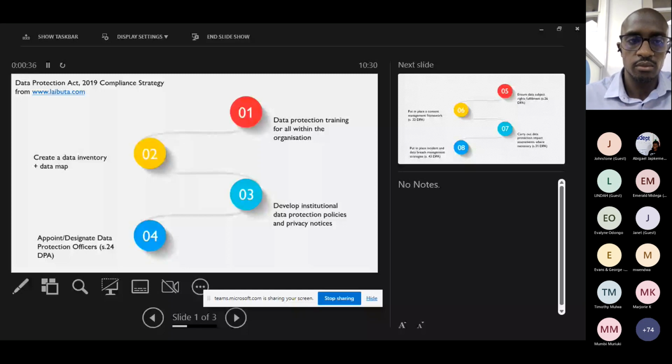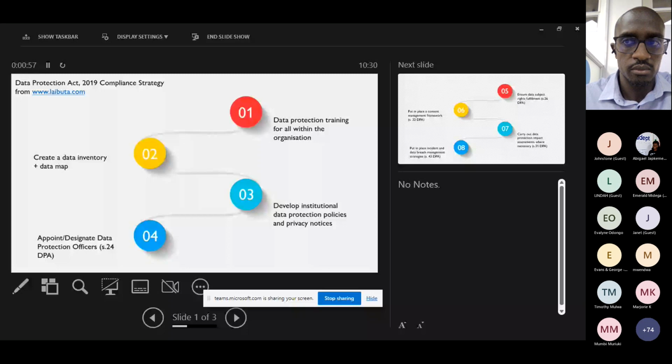You get to think through what key issues you need to prioritize in terms of compliance. But we also need to think about what really is training, because if Libuta reads the Data Protection Act and makes a PowerPoint presentation about it and presents it to a group of people, does that amount to sensitization training?